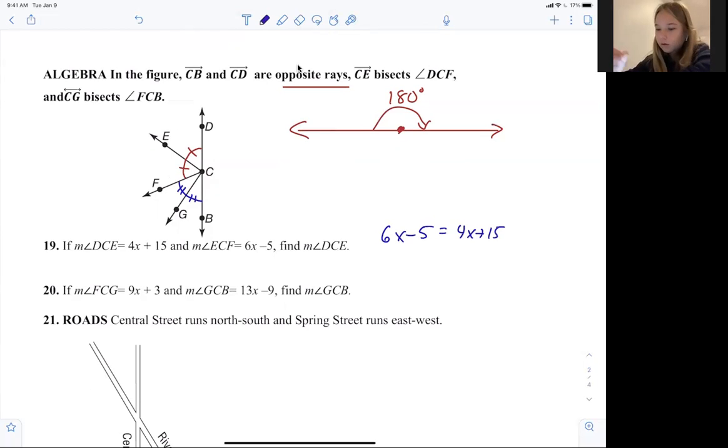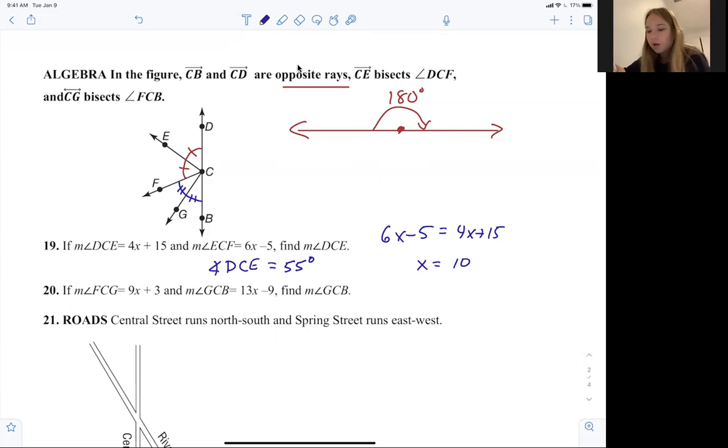Now solve that quickly and tell me that x equals what? x equals 10. So now they want DCE. So angle DCE equals, what did you say it was? 55 degrees. Is that right? Everybody okay?